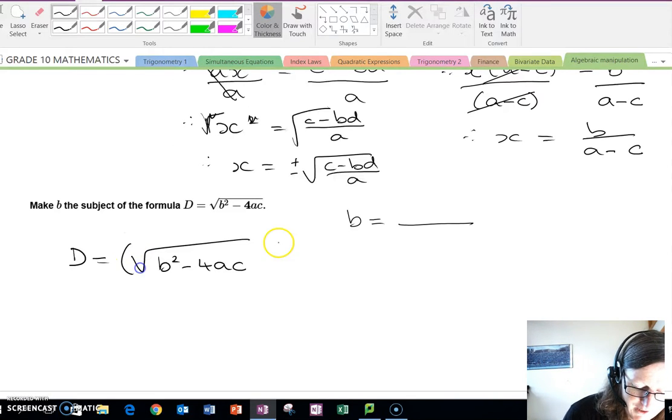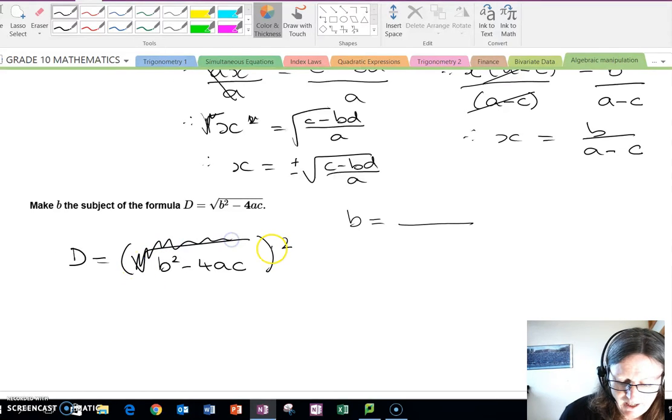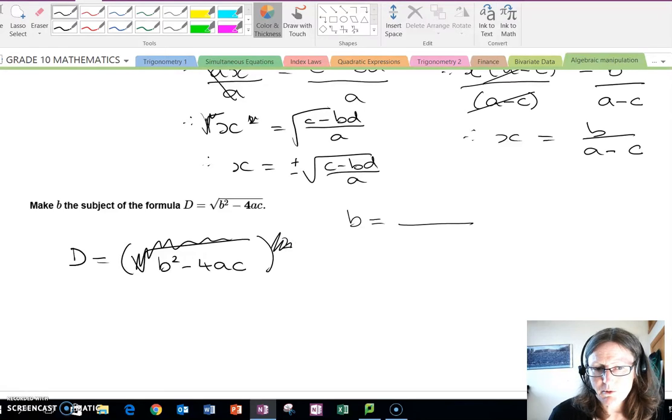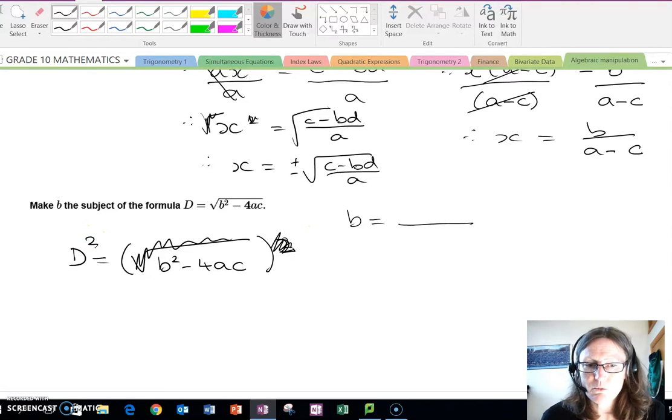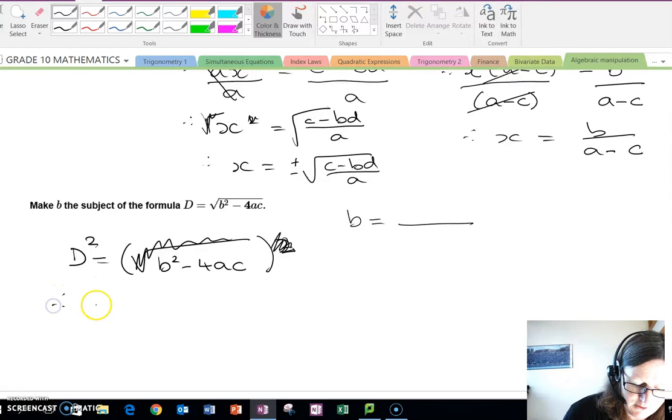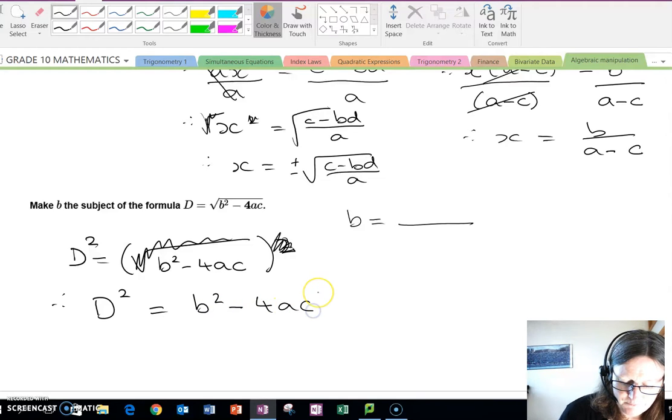So if I square all of this, the square root and the squared, inverse operations, they cancel each other. So I squared this side, so I need to square this side. Remember, whatever you do to one side, you must do to the other. So D squared is equal to B squared subtract 4AC.